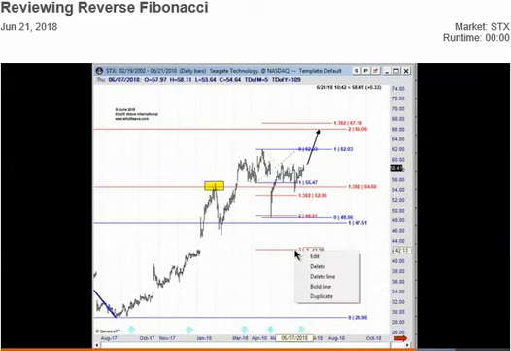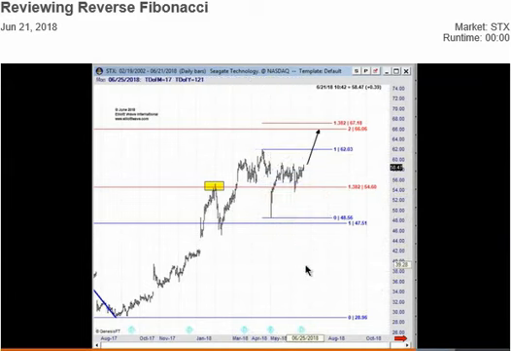Now we don't have to stop there. We can actually be creative with this approach as long as we stay within the overall theme of the approach. For example, we could actually utilize this decline to anticipate the next move to the upside. Again, the whole idea would be to create a Fibonacci cluster of resistance.